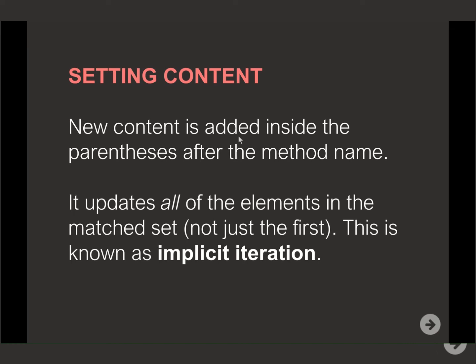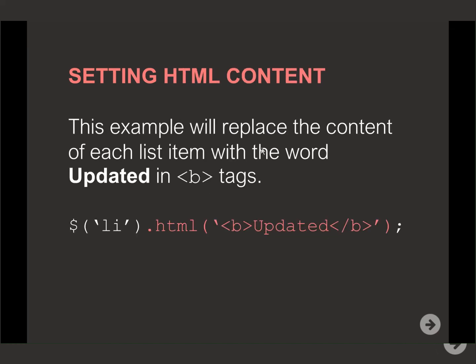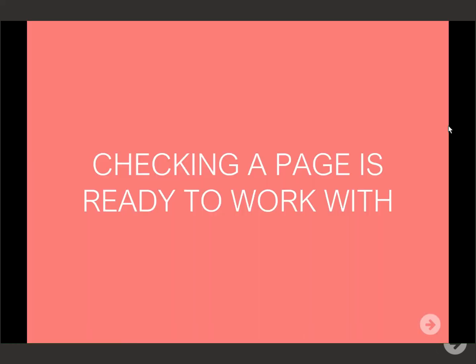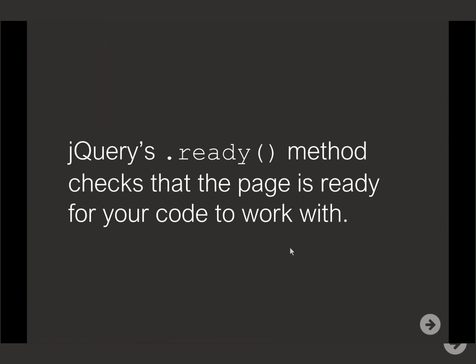Okay, so we'll skip this one, setting contents. So in fact, just use update. And so on chaining, you can do several things together. And checking the page is ready to work with, that means the code has been loaded. Use ready.